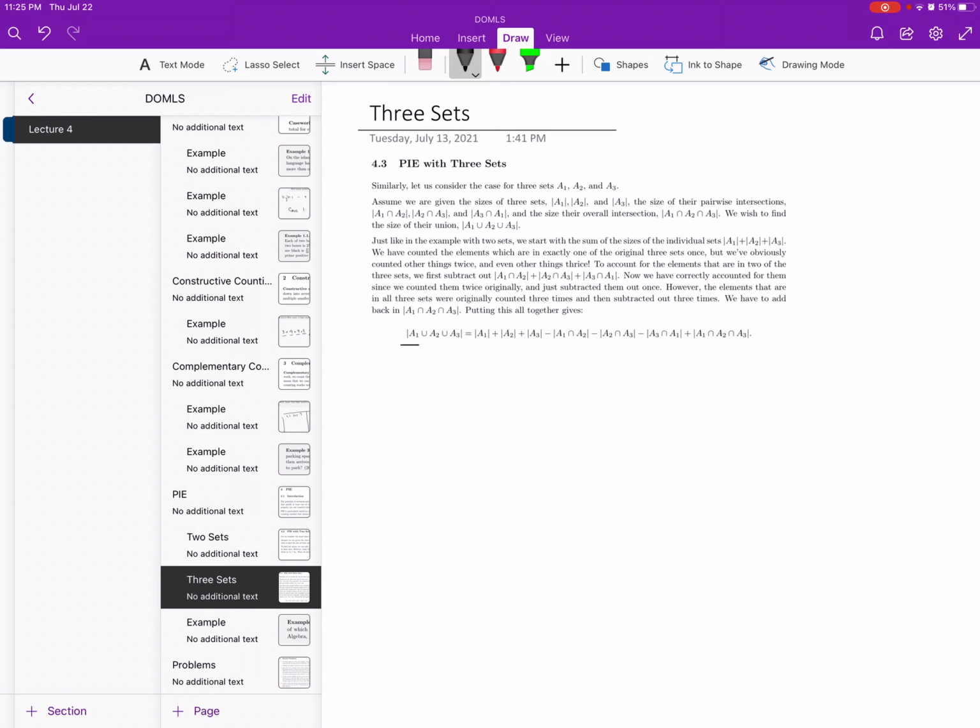The number of elements in A1 union A2 union A3 is the sum of the magnitudes of each of the individual sets, minus the sum of the magnitudes of the sets intersected pairwise, so maybe Ai intersect Aj, plus the sum of the sets intersected 3-wise, or 3 times, so Ai intersect Aj intersect Ak.